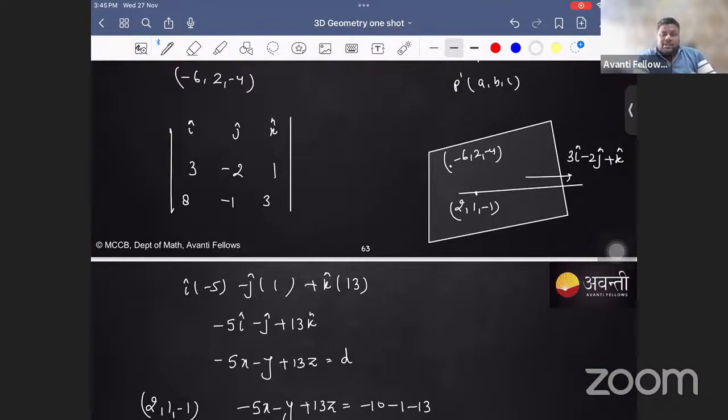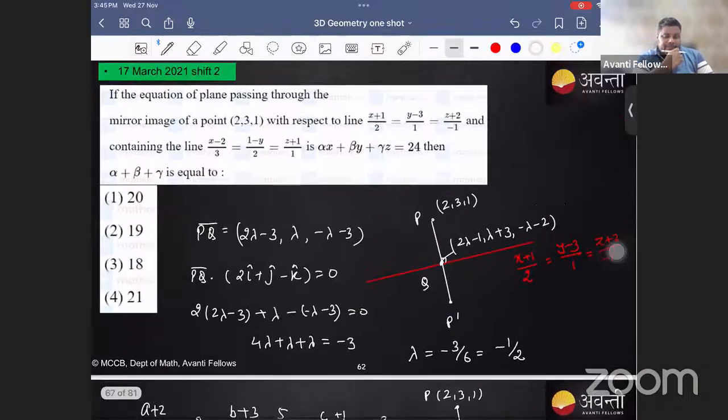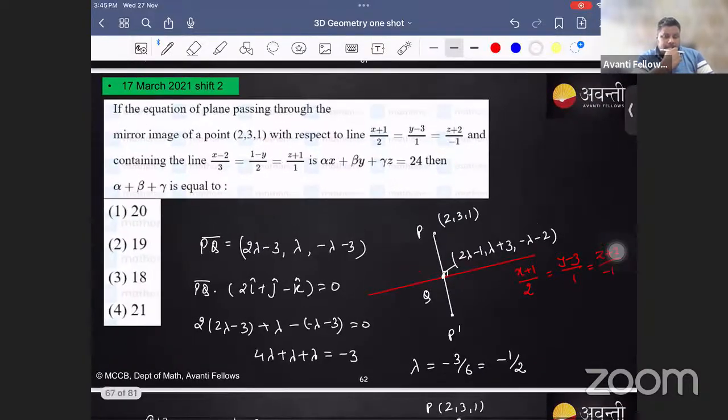Any student got anything else? Do you guys see any mistake here that I have done? Vedant?